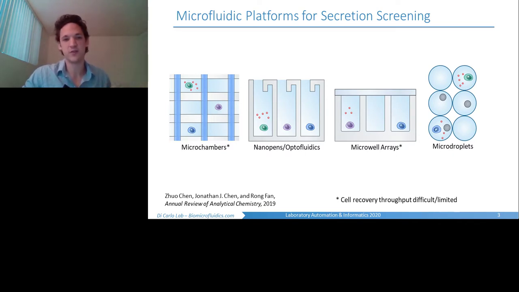I think it's important also to note that some of these platforms are more suited for the sorting application. So for example, the optofluidic platforms and the microdroplet platforms are a little more suited for doing actual sorting. And if you want to learn in a little bit more detail about some of these technologies, there's a great review from Rong Fan's group that came out last year discussing various microfluidic technologies for screening cells based off of functional secretions.